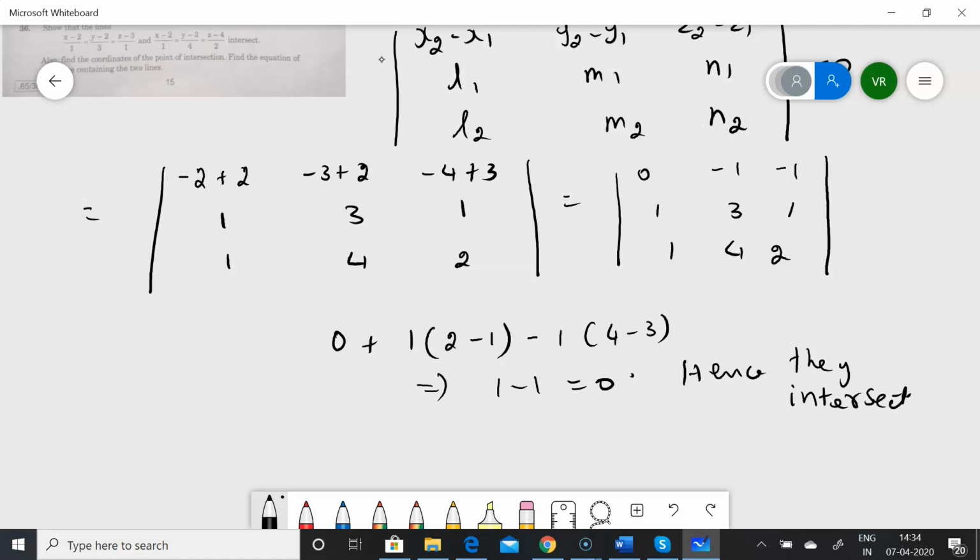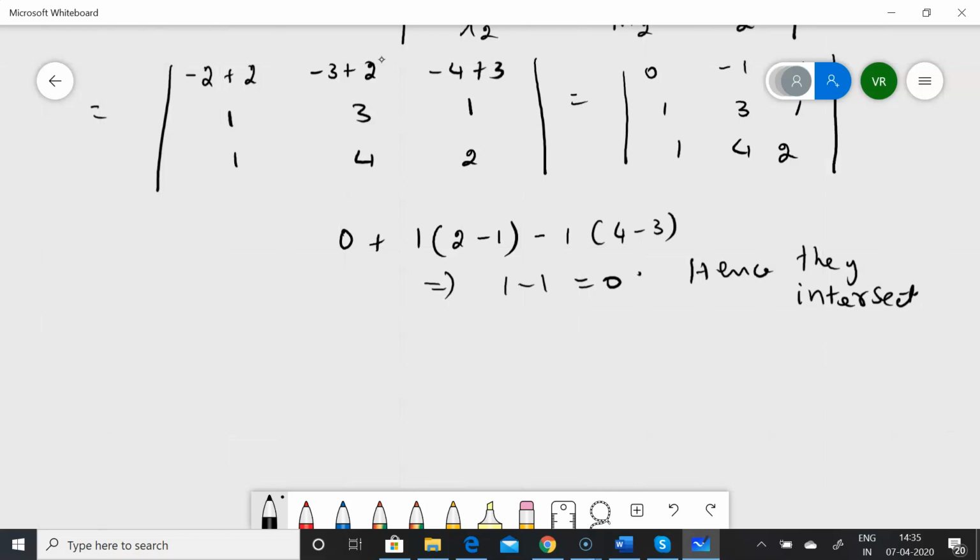Next, we have to find out the equation of the plane containing these lines. Before that, we have to find out the point of intersection. Let us find out the point of intersection.